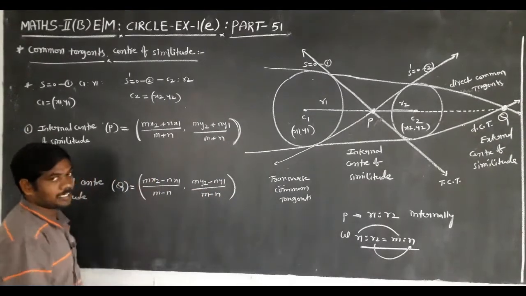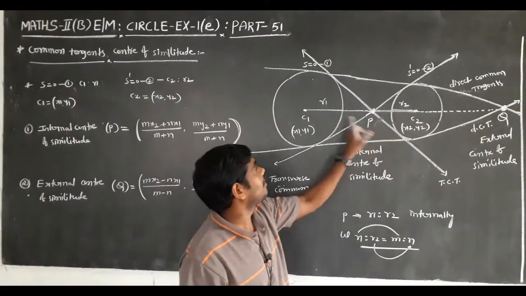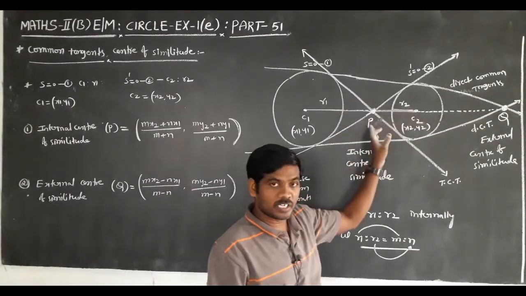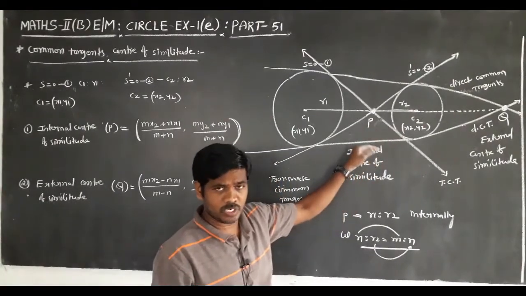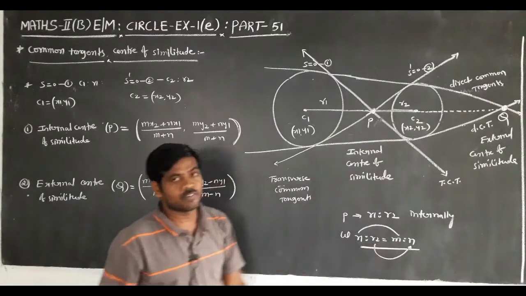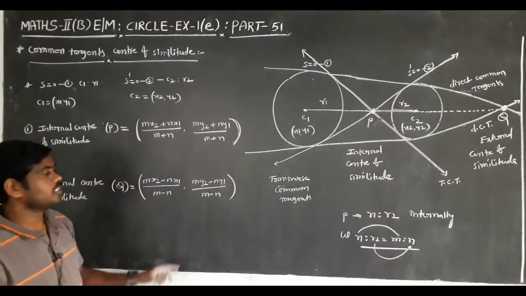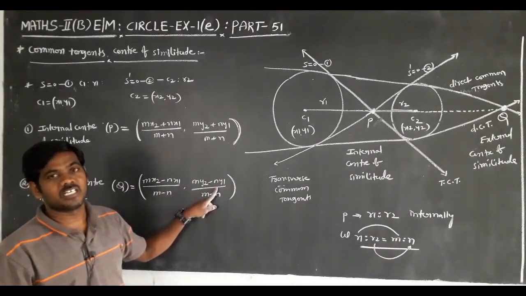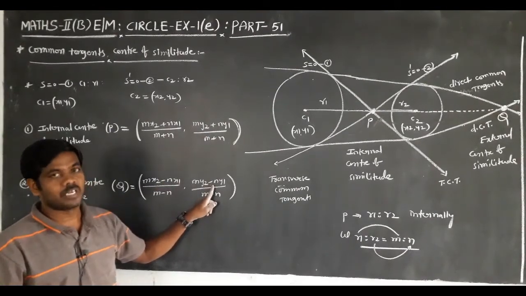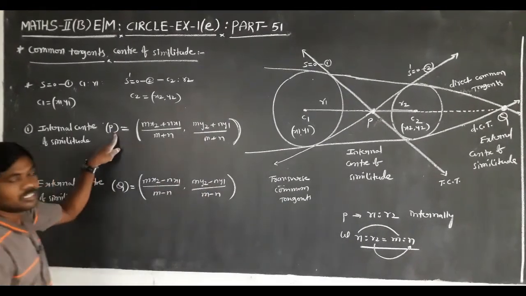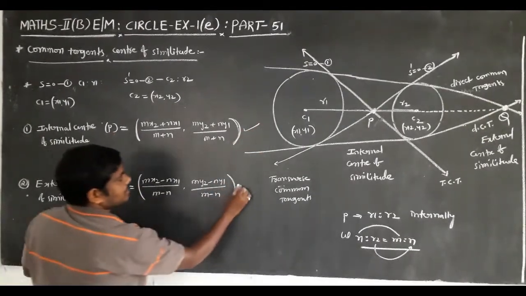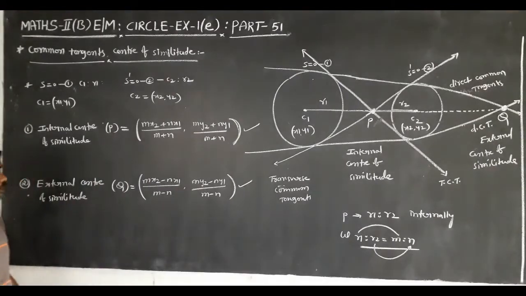Here P divides the line segment C1 C2 in the ratio R1 is to R2 internally. Q divides the line segment C1 C2 in the ratio R1 is to R2 externally. Internally means plus, external means minus. Here P is the internal center of similitude, Q is the external center of similitude.